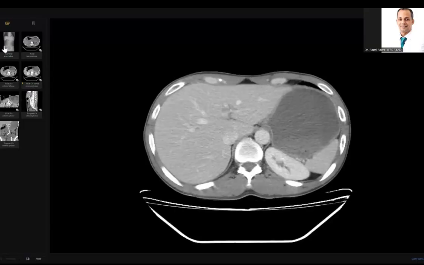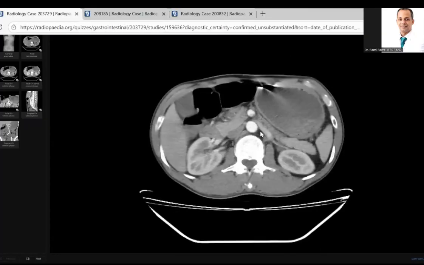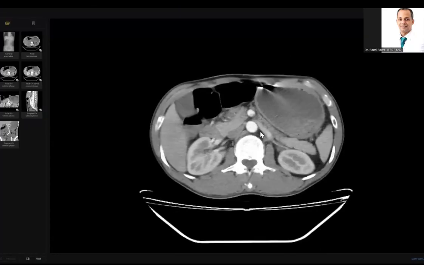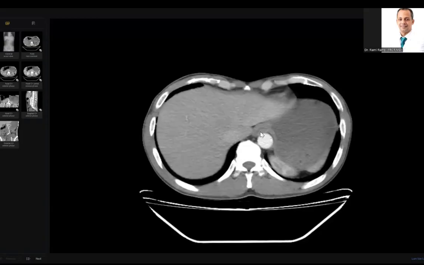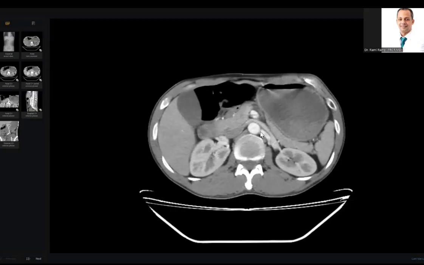So take care, my colleagues. Don't be satisfied with the search. It was ischemic arterial infarction of the bowel, for urgent surgical and interventional radiology consultation.